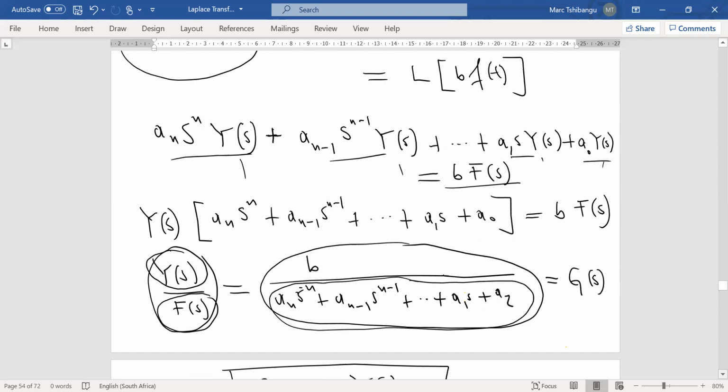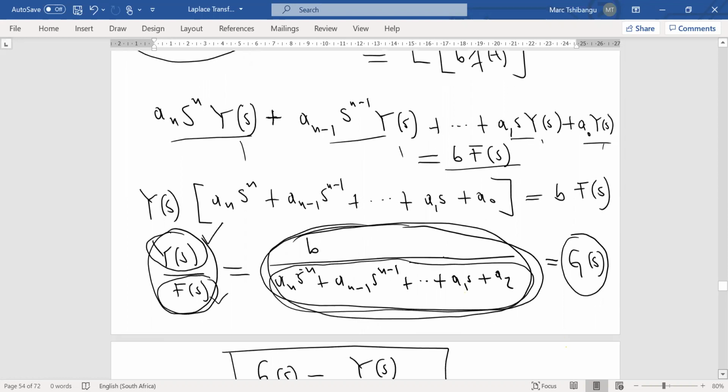And b over the whole quantity here is what we call the transfer function. Again, it relates selected inputs and outputs of a process model. Remember, Y(s) represents the output variable in the s domain, and F(s) represents the input variable in the s domain.